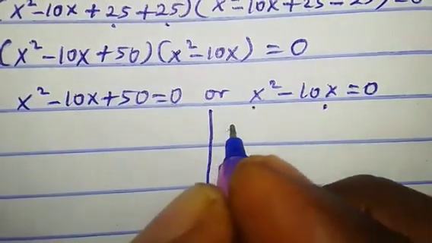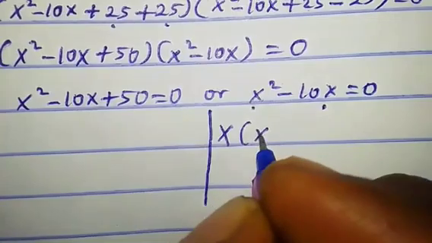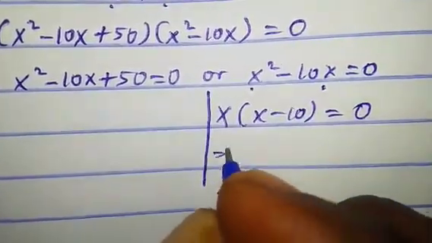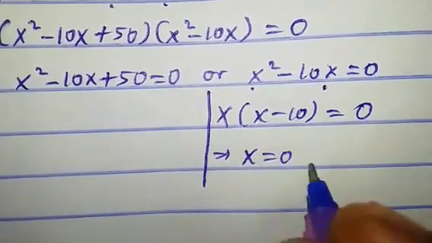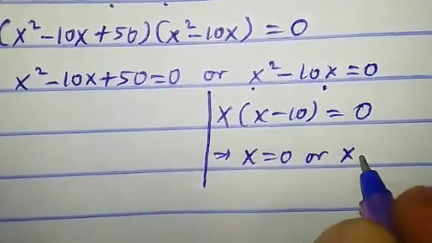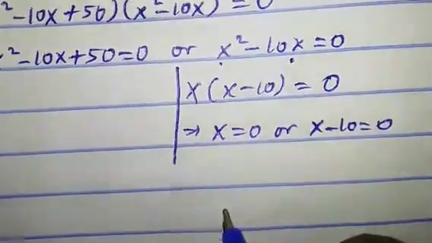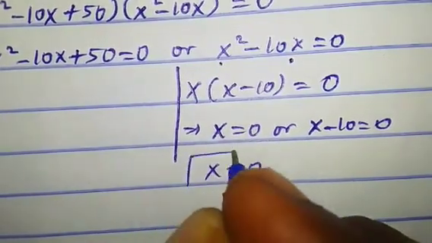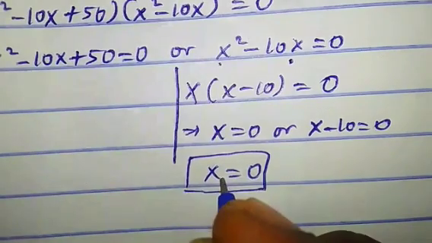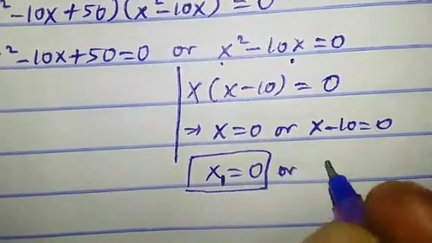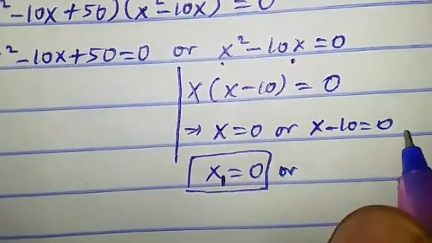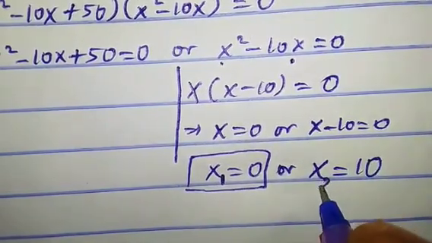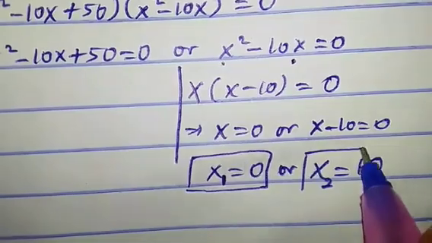So if we factor out x, we have x(x − 10) = 0. This implies that x is equal to 0 or x − 10 is equal to 0. Clearly, x is equal to 0. This is the first solution. Let's call it x1. Or moving this minus 10 to the right hand side, x is equal to 10. Let's call this x2. This is the second solution.